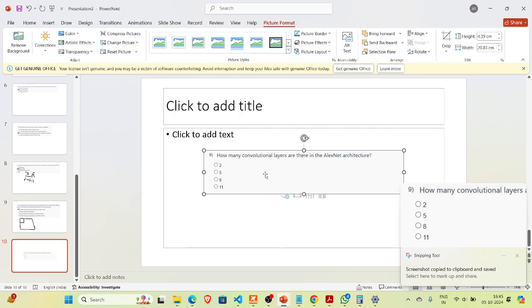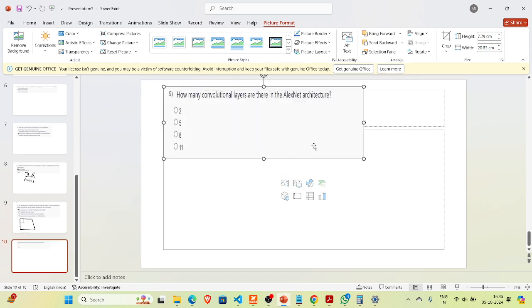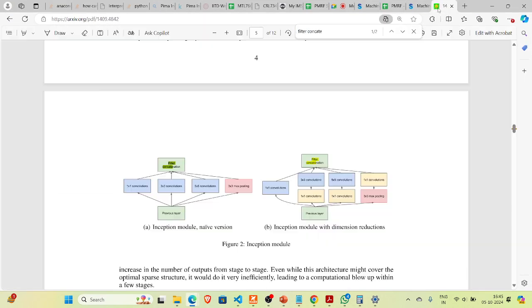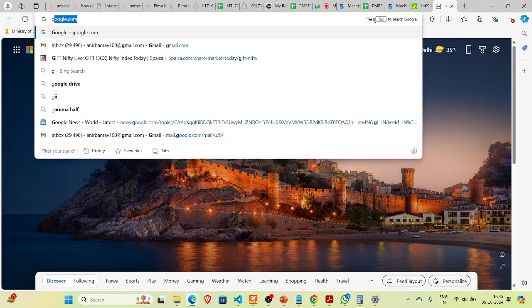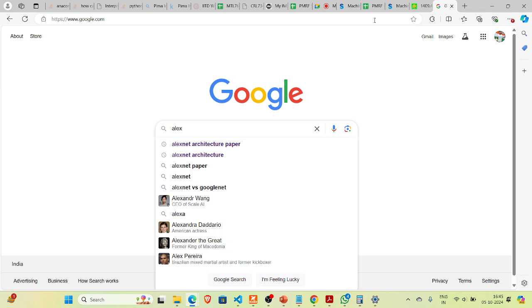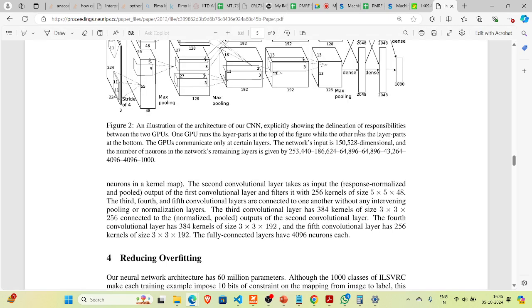AlexNet is one of the most important papers actually, because it introduced the concept of deep CNNs. Let's go over these in detail, which can help you a lot.